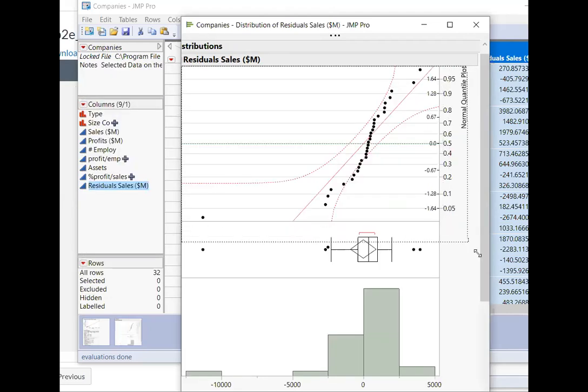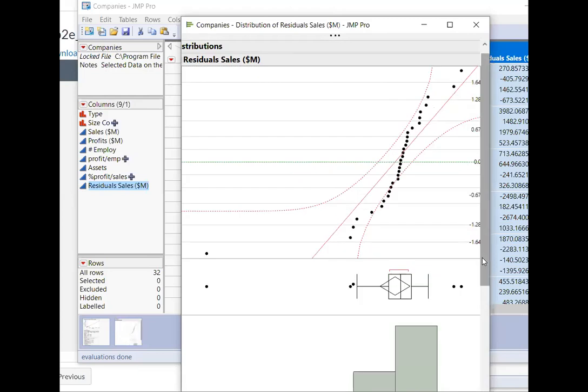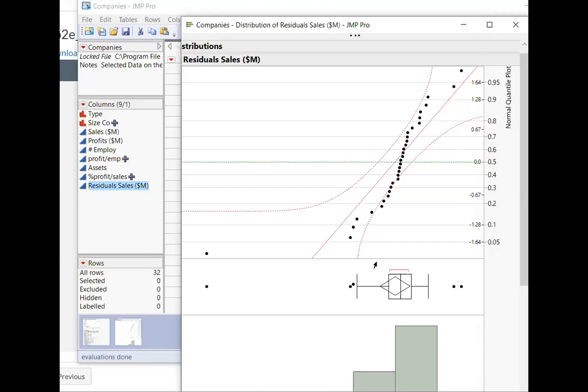So let's see, we have about 32 data points, right? And you can see these points are supposed to be around this line. They're not supposed to be on these outer boundaries, upper bound and lower bound. They're supposed to be around this line in the center.